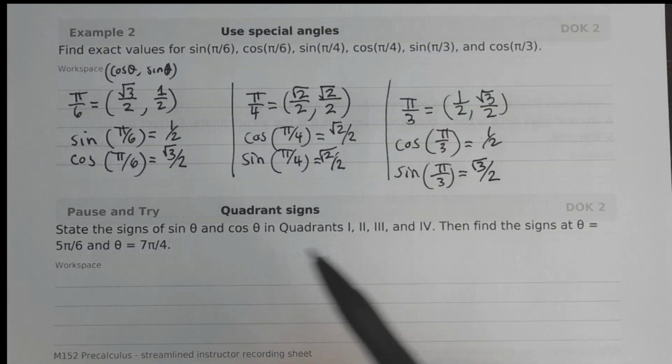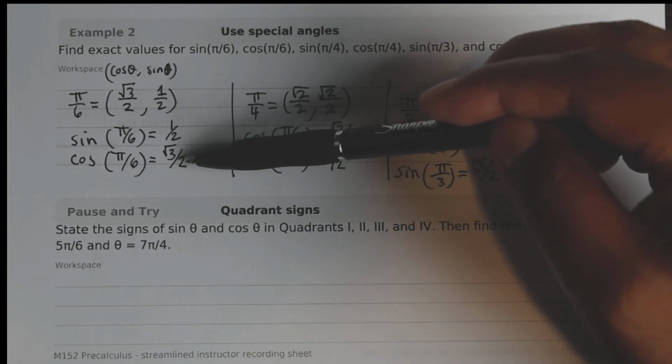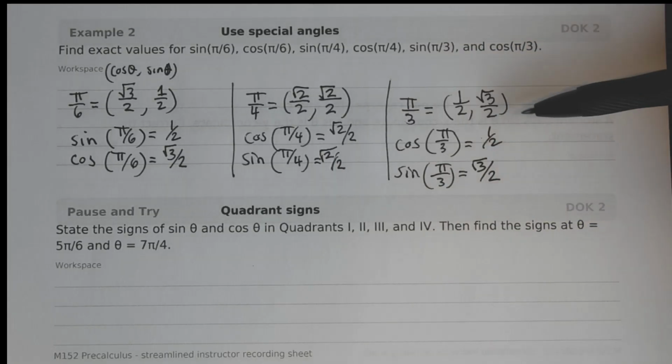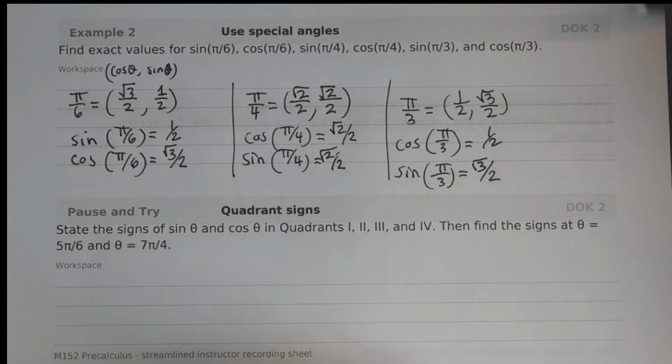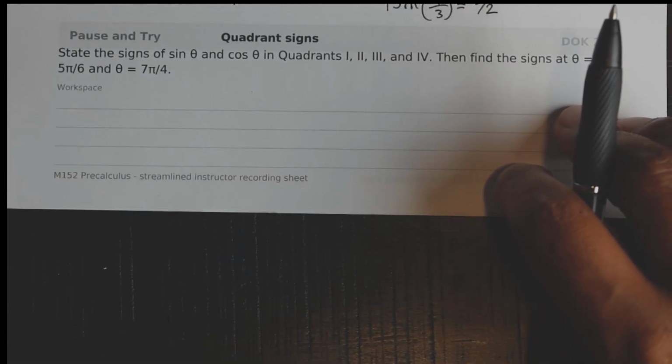Okay. Here are the final answers. 1/2, square root of 3 over 2, square root of 2 over 2, square root of 2 over 2, 1/2, square root of 3 over 2. And again, you can reference the unit circle, and the unit circle is where I'm getting these values from.